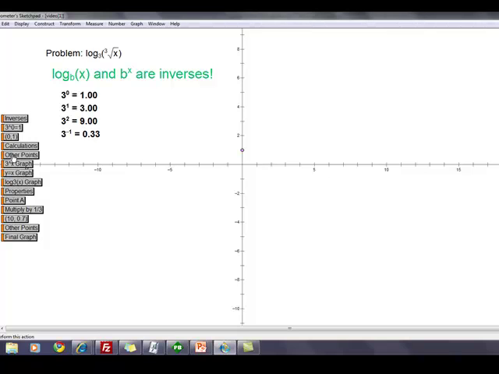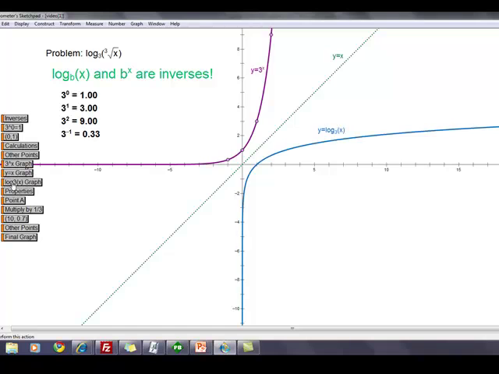We can plot these points and then connect these points to approximate the graph of y equals 3 to the x. After watching the videos in the inverse function section, we know that to graph an inverse, you reflect about the line y equals x. So we construct this line and reflect the graph y equals 3 to the x over it. This gives us the graph of log base 3 of x.